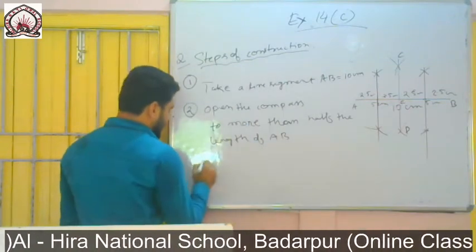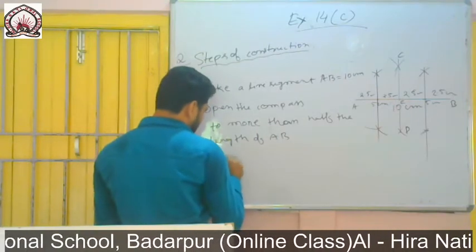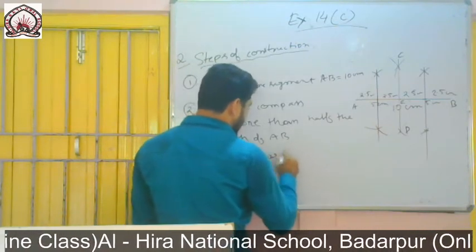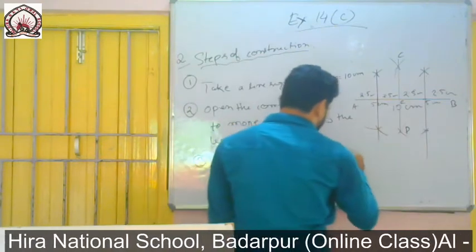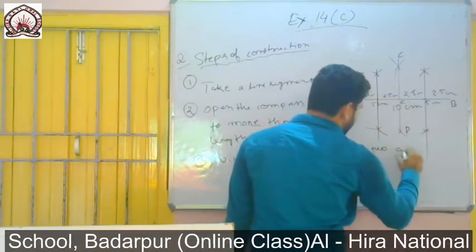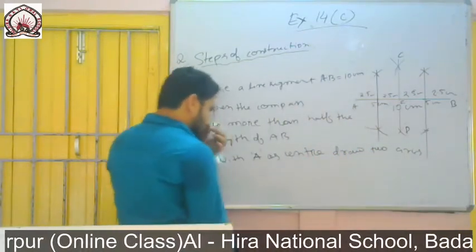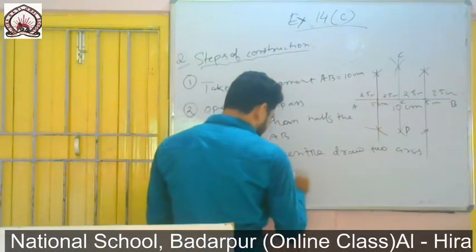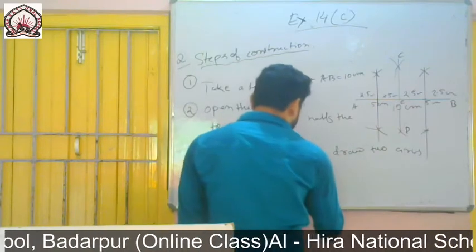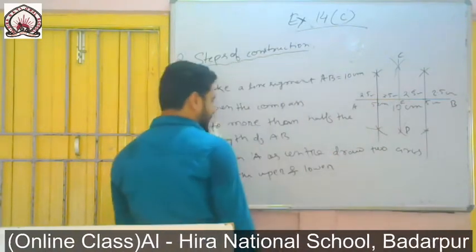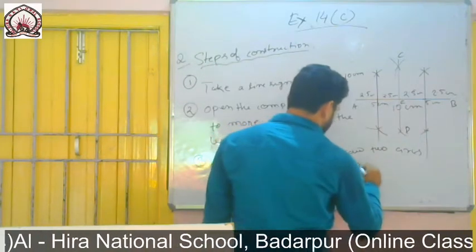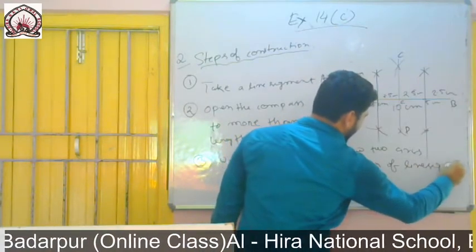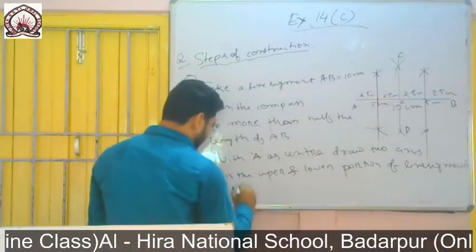Okay, now with A as center, draw 2 arcs in the upper and lower portion of line segment AB.